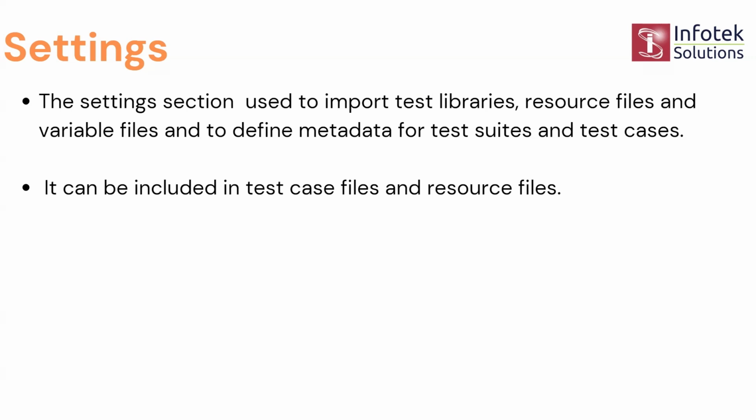If there are some libraries available and you want to use them in your current file, you put those inside the settings section. Maybe you have created a script written in some language, usually Python, and you want to run that script in your current test case.